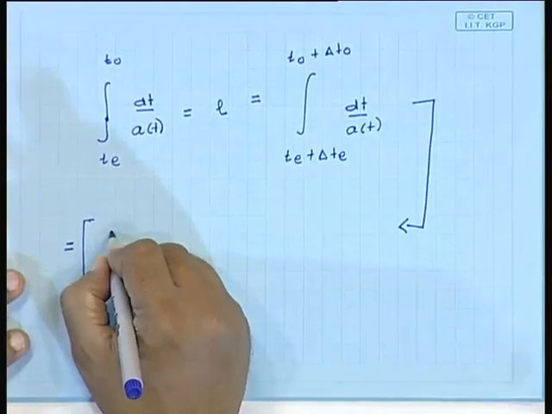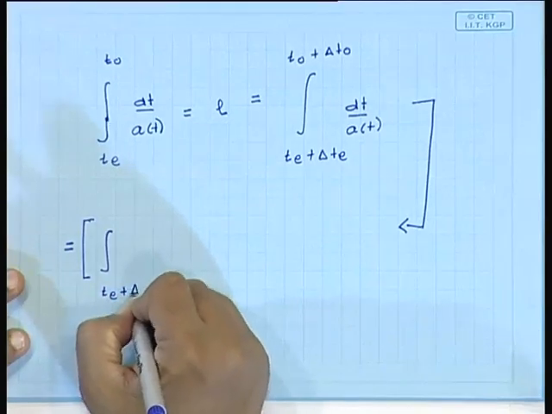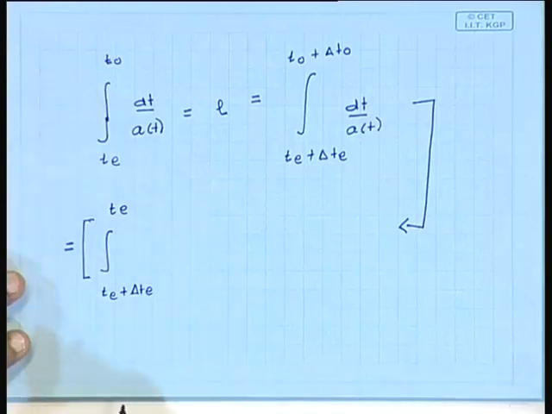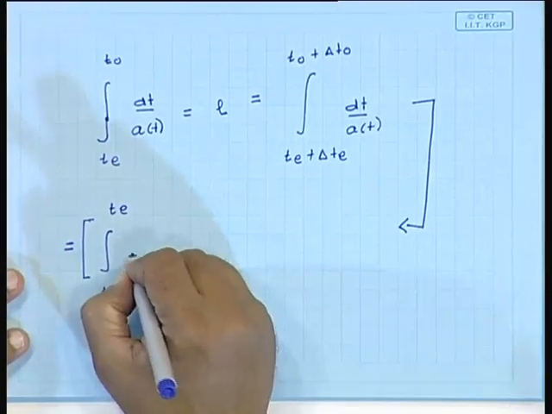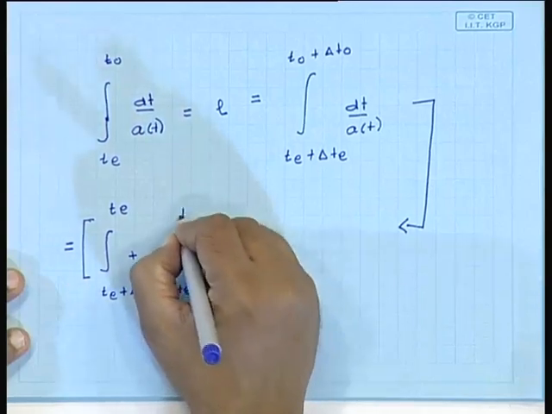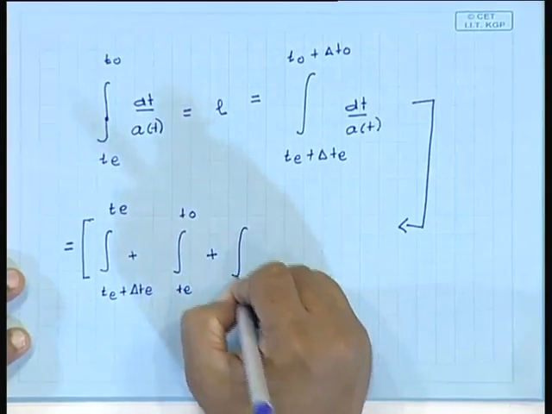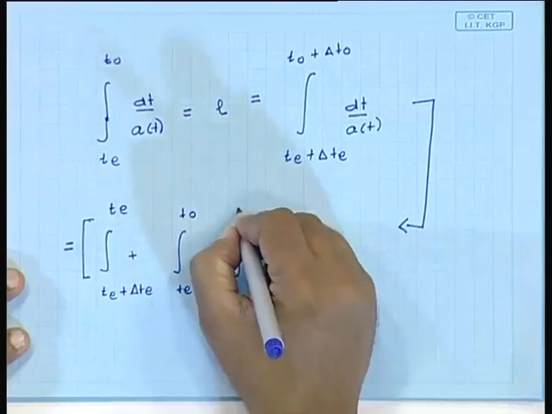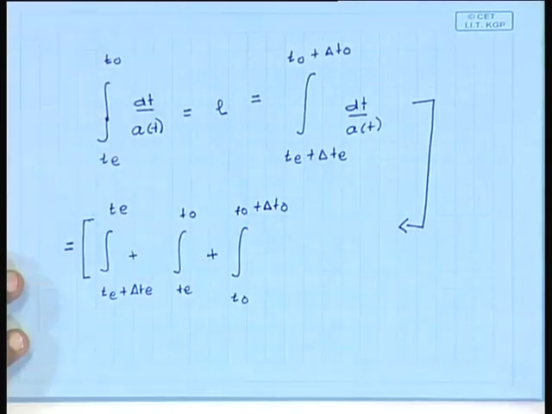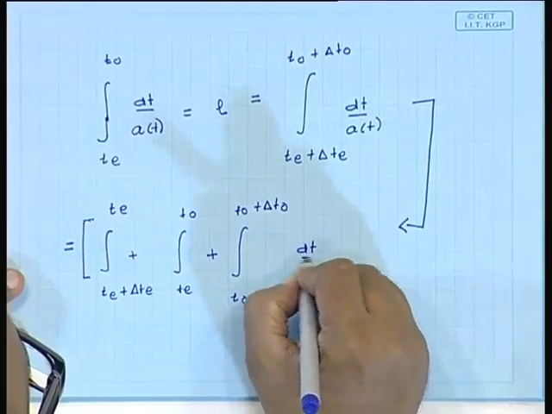The second integral is from T emitted to T observed, and the third integral is from T observed to T observed plus delta T observed of the same quantity dt by at.